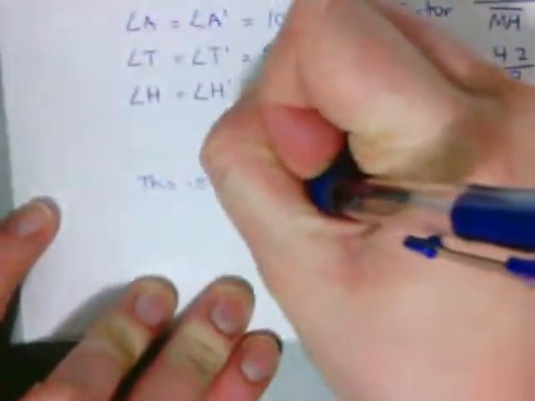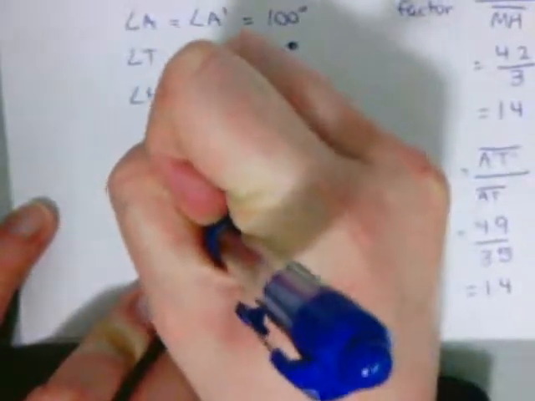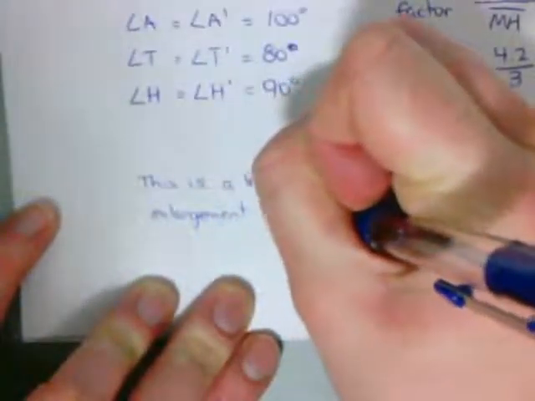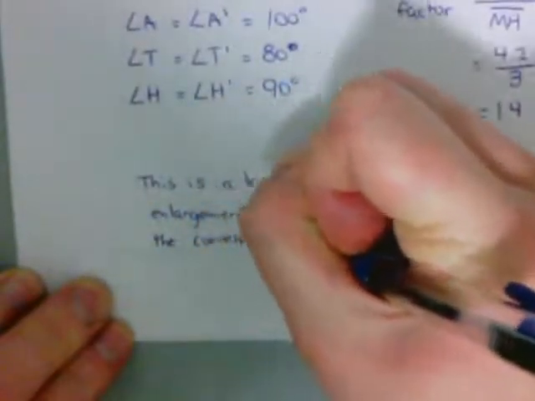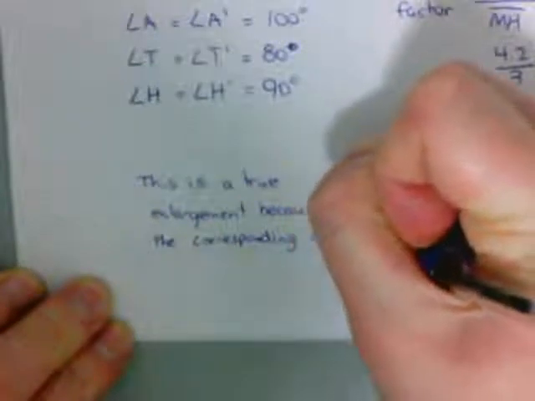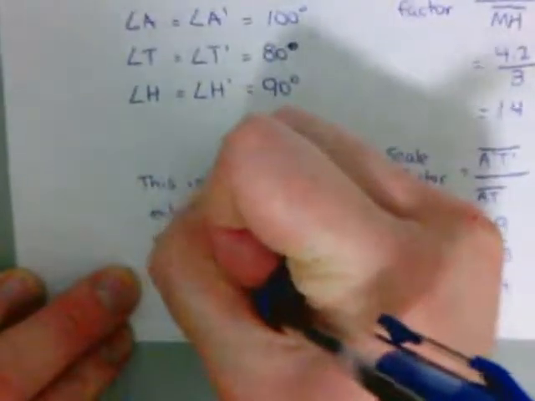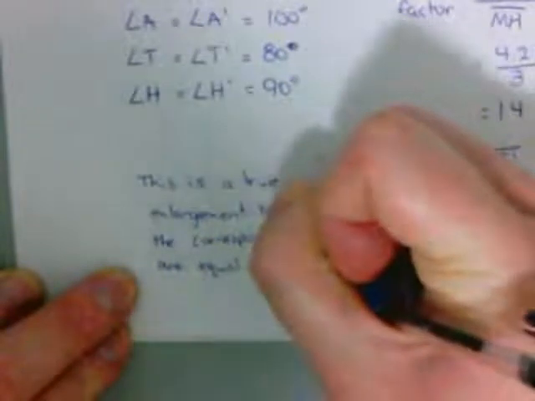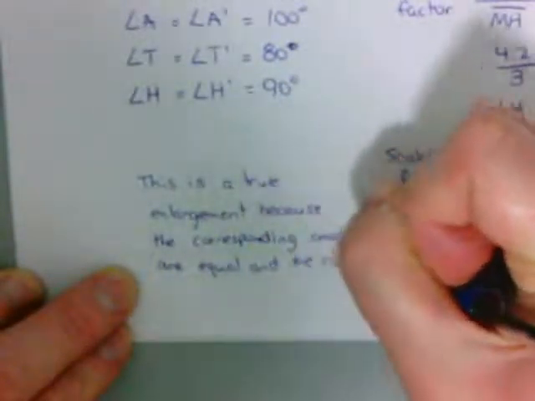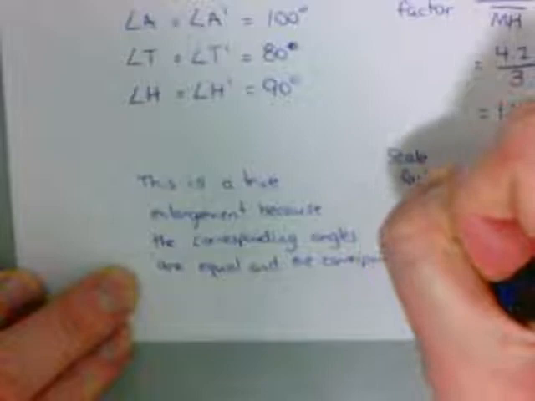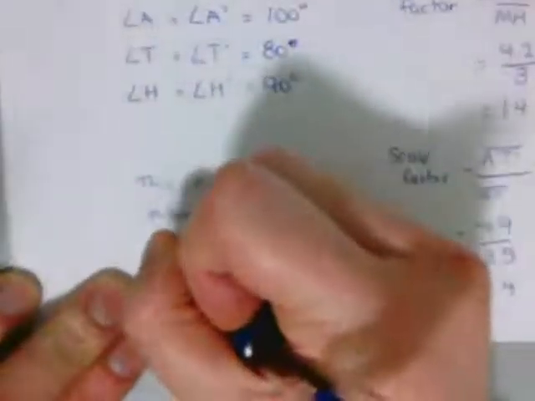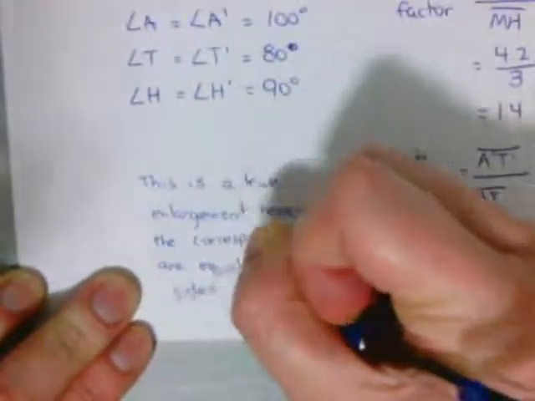Well, this is a true enlargement because corresponding angles are equal and corresponding sides are proportional.